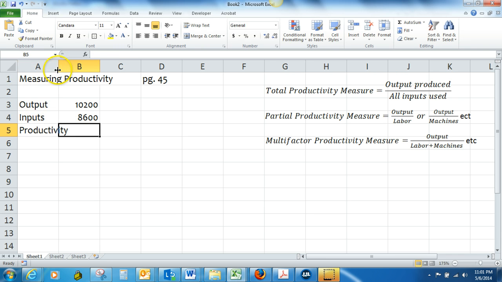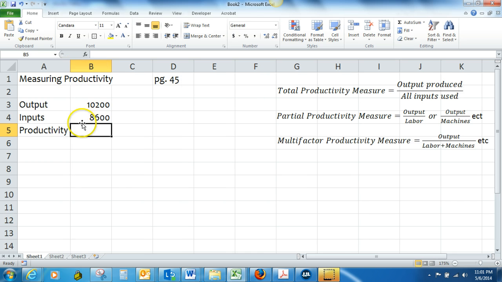Okay, so that's going to be simply a calculation. We're going to start out with an equal sign, and we're going to measure outputs divided by inputs. You always want to be sure to click on the cell that contains the number that you're wanting to calculate. Don't actually put the number into the formula itself, because then you can change what's in the cell and the formula will automatically change as well.